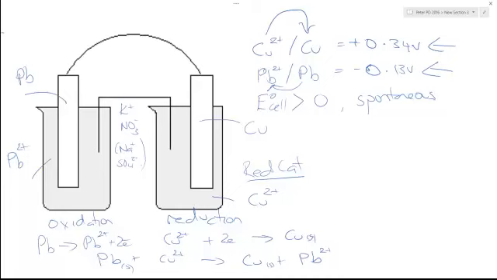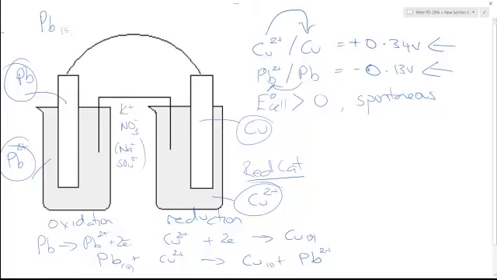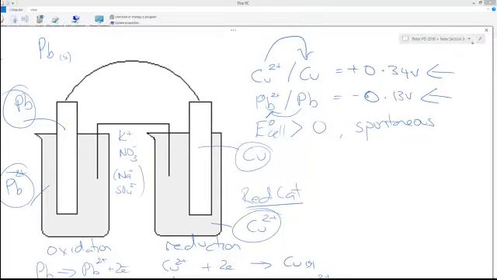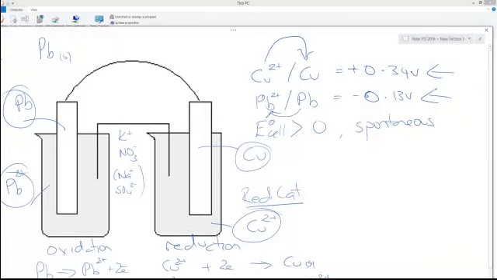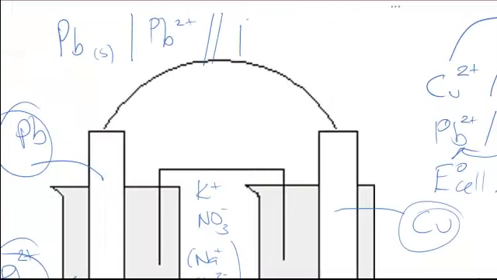But now, this is a spontaneous reaction. And if we were to draw a standard cell notation, we really are just redrawing reactants and products and the salt bridge. So this will be oxidation on the left, and on the other side we're going to have copper 2 plus and copper.